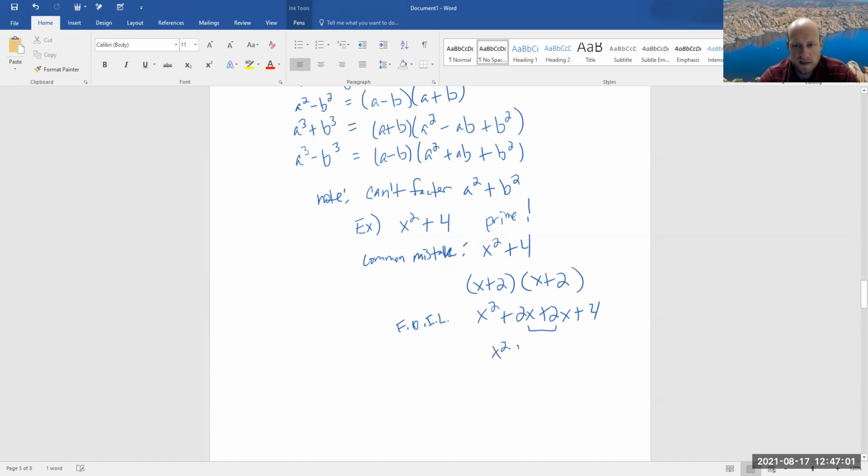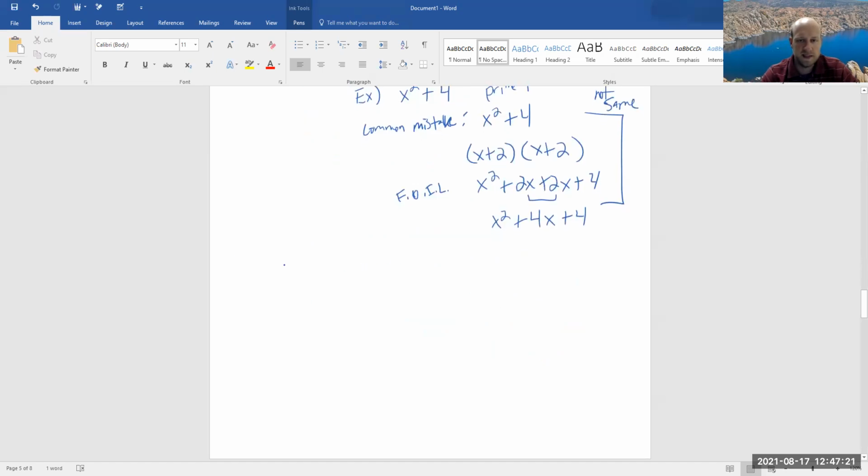These two combine to be 4x, and these aren't the same, right? So don't factor them like that. But let's just do a couple examples here of those formulas.